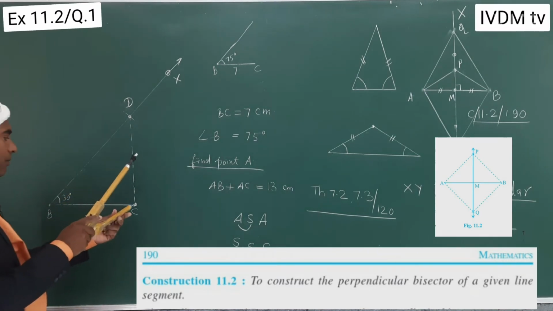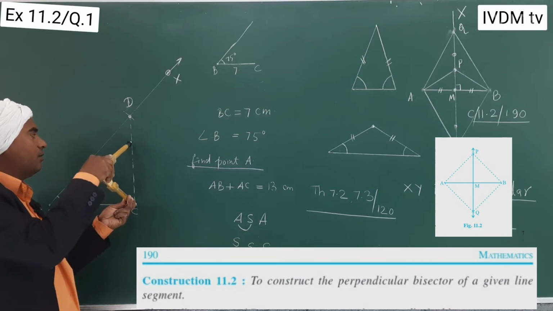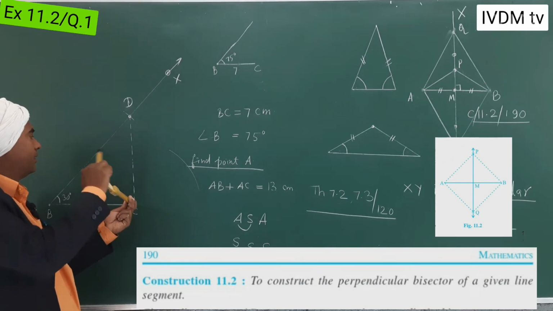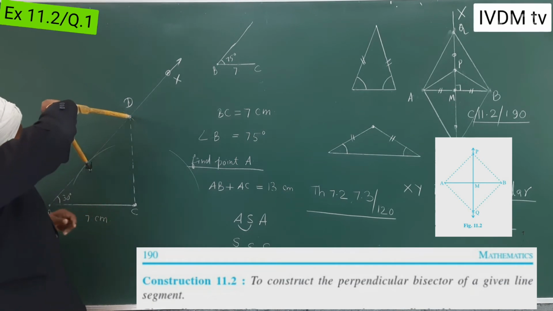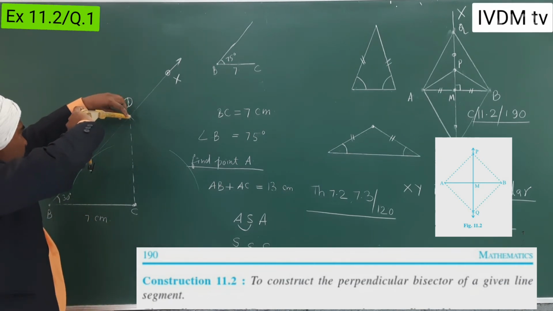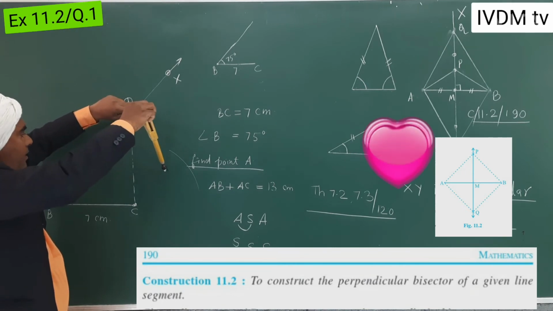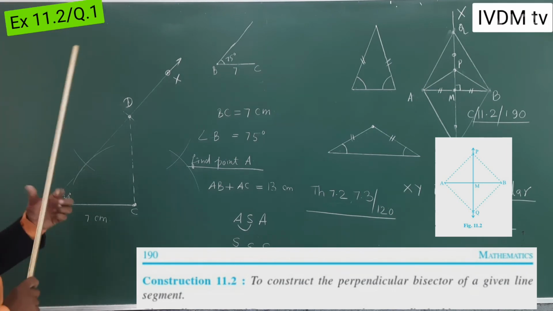So perpendicular bisector, you know very well from class 6. Take any distance more than half and make an arc here, an arc here. Then same distance, make arc here. And in construction you will write only draw a perpendicular bisector.